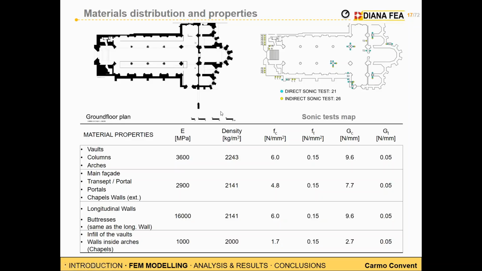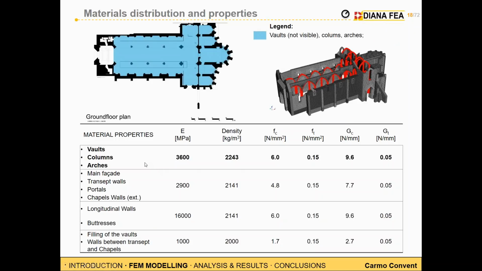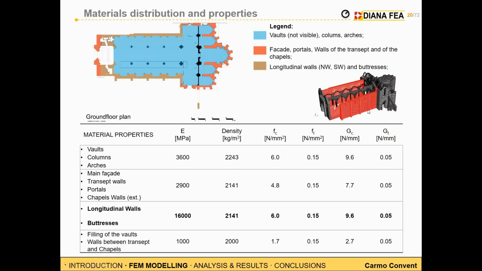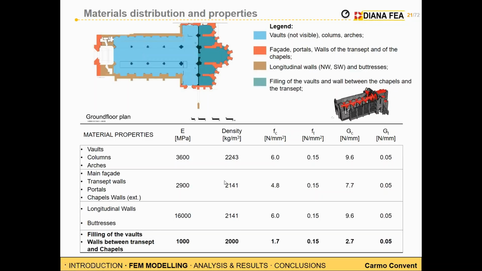And we decided to make some groups of material in order to implement all these properties in Diana in a faster way. For example, we have the properties for the vaults, column, arches, the properties for the main facade, the transept, and the chapels, for the longitudinal walls, and also for the filling of the vaults and of the arches.